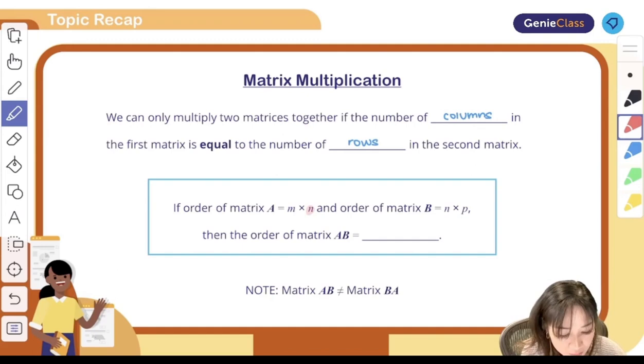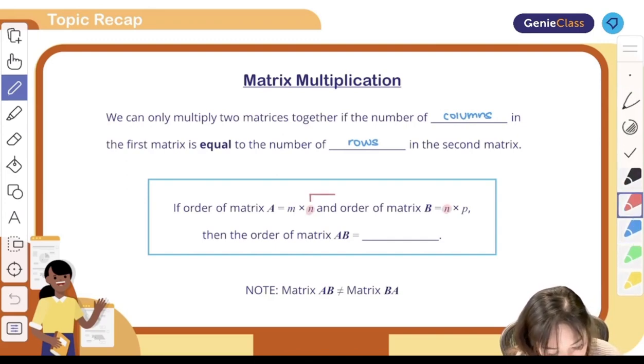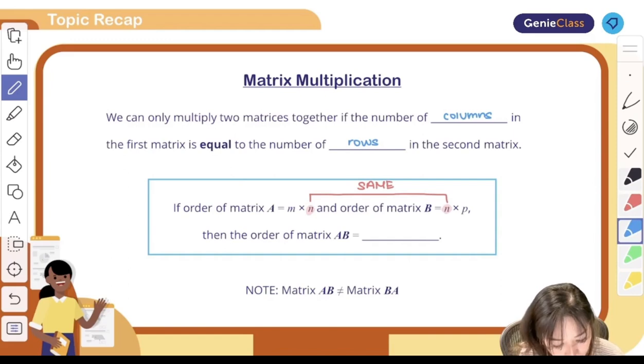So the column of the first must be equal to the row of the second. Then we can multiply, and the resulting matrix will have order M by P.